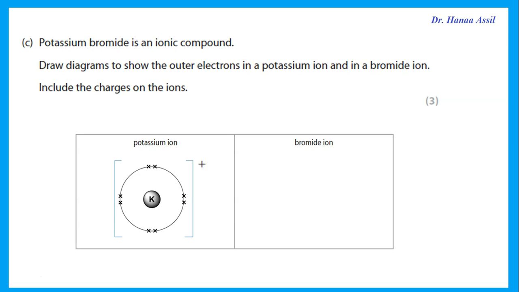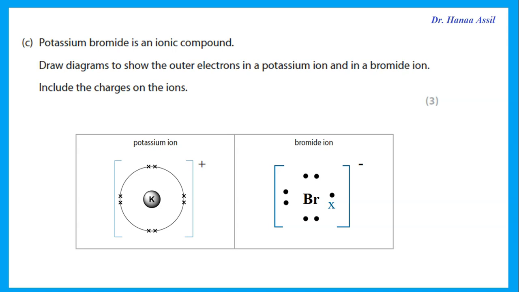Do not forget to put the positive charge. If an atom loses an electron, it becomes positively charged. Now the bromide, you look at the periodic table and you find that bromine is in group 7. That means it has 7 electrons in its outer shell and it needs 1.